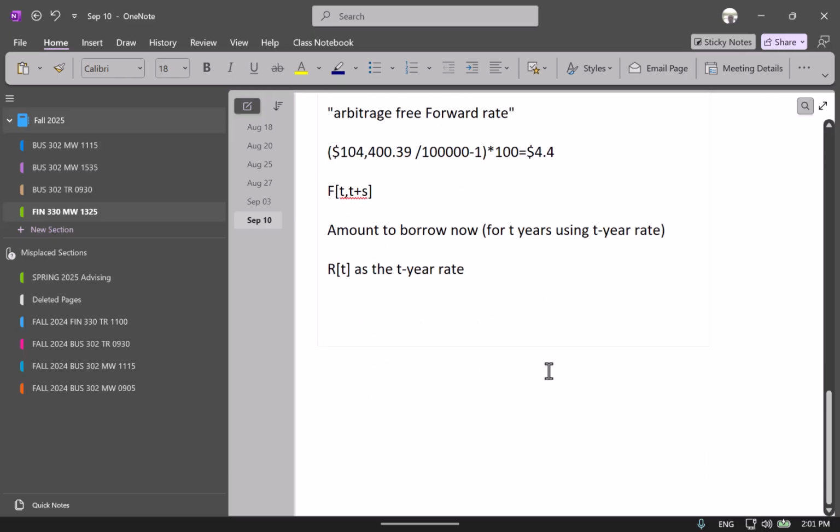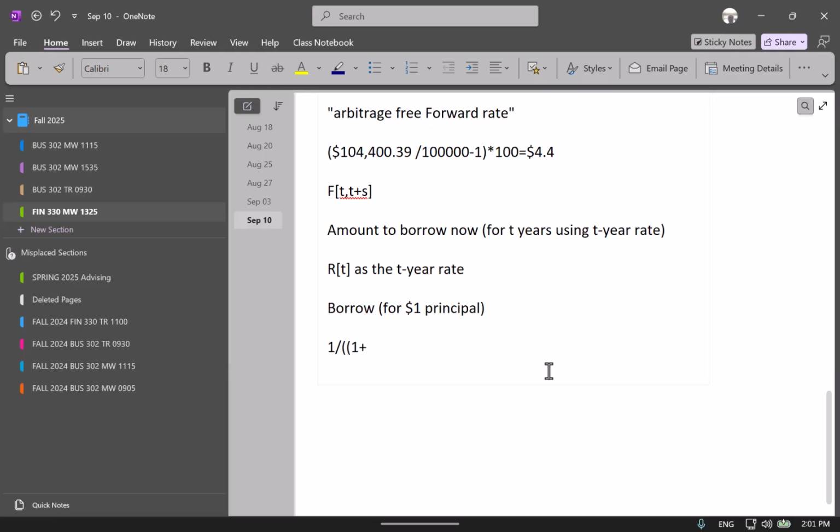So I need to borrow for a $1 principal, 1 over 1 plus f t raised to the power t, because that's the present value of that $1 t years from today.